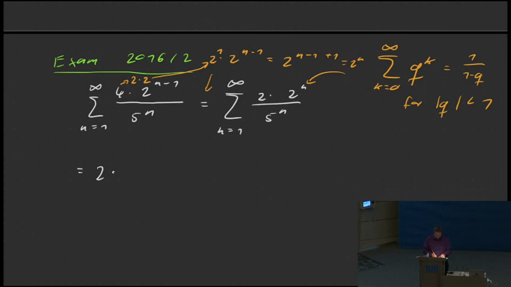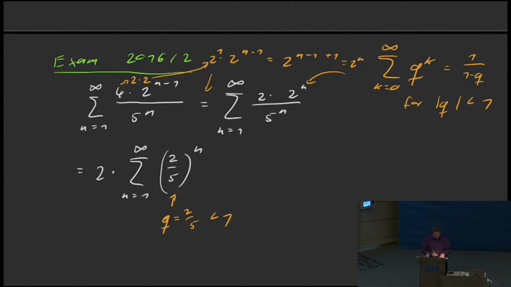All right, so I'll take out that other 2 to get it out of the way. And then I have 2 over 5 to the power of n. And now I have almost the form that I need. This here is my q. So q is 2 over 5, and of course 2 over 5 is less than 1, between 0 and 1, so that should work.